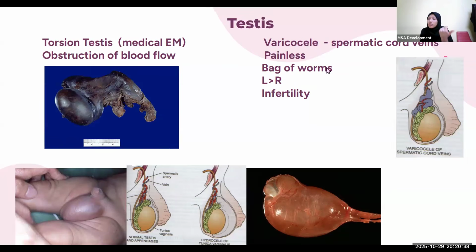It feels like a bag of worms, most commonly on the left side more than the right, because the left side has a different drain. It drains directly into the renal vein. The right one drains directly into the inferior vena cava. So the left one is more likely to be dilated.